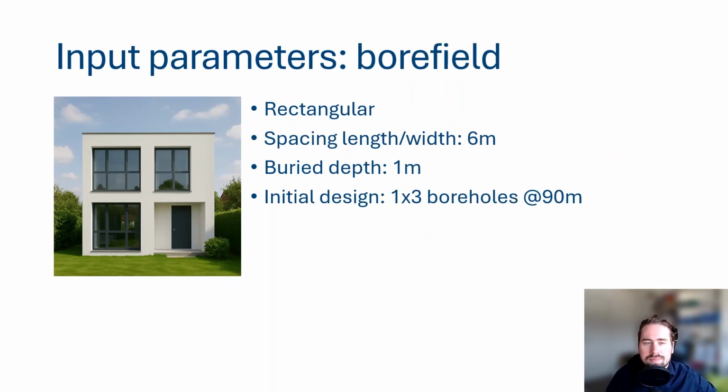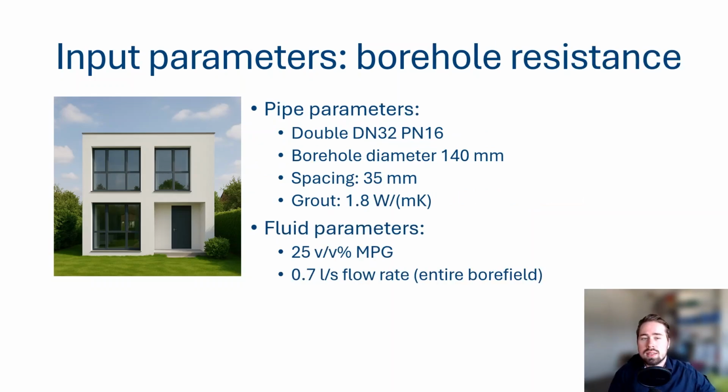For the bore field, we will use a rectangular bore field, doesn't really matter actually, with an initial design of 3 boreholes of 90 meters borehole depth. For resistance, I will use a double DN32 with a borehole of 140 millimeters. We will space the pipes exactly in the middle of them, and we use a slightly better thermally upgraded grout of 1.8 watts per meter Kelvin.